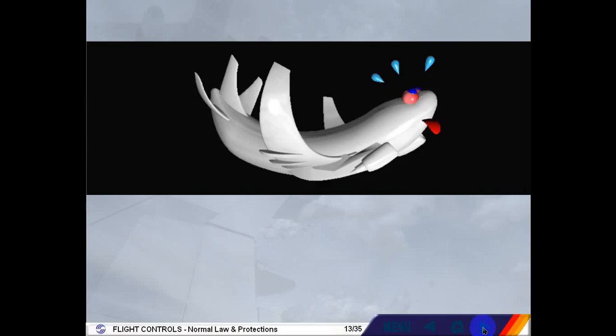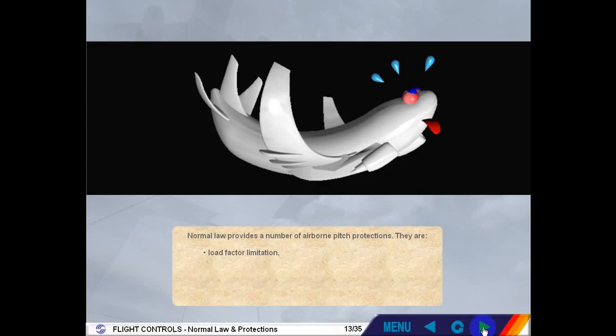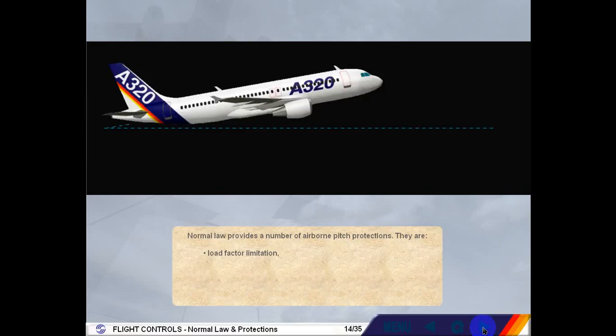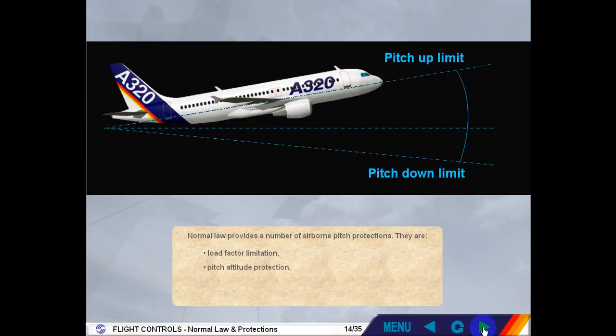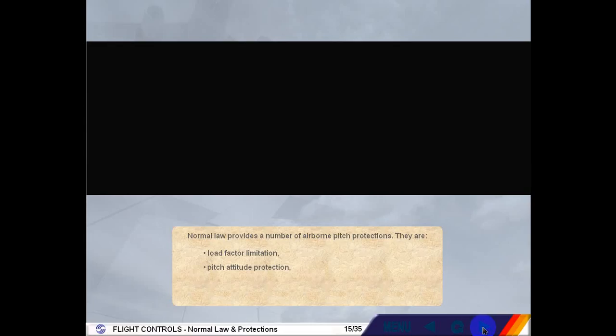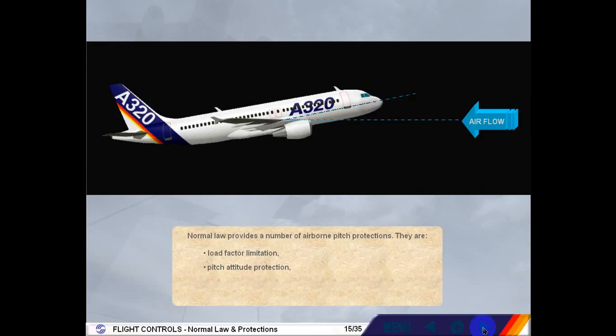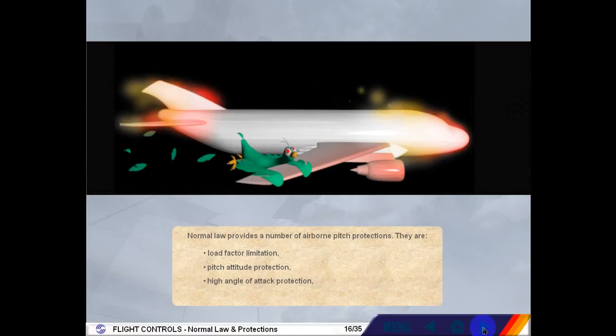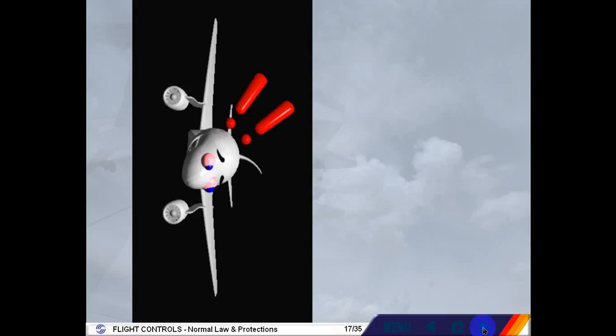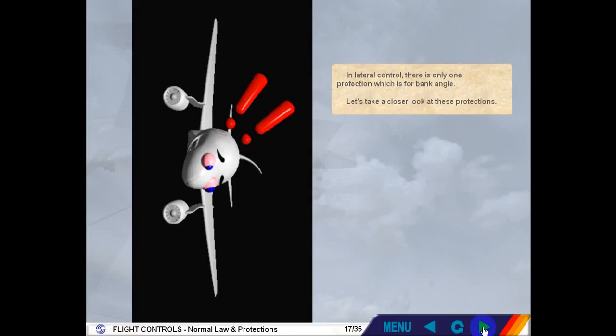They are load factor limitation, pitch attitude protection, high angle of attack protection, and speed protection. In lateral control, there is only one protection, which is for bank angle. Let's take a closer look at these protections.